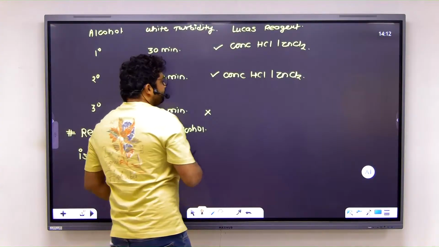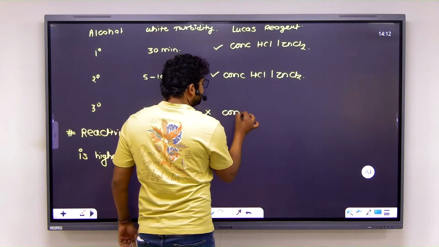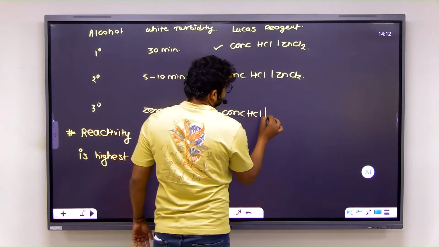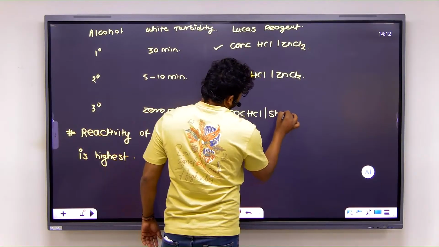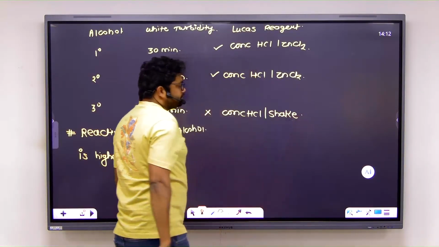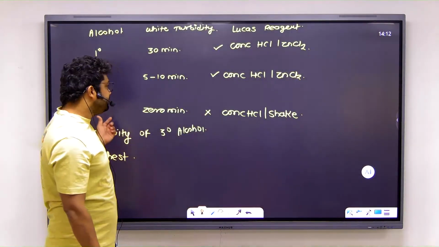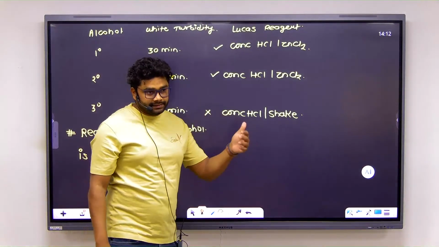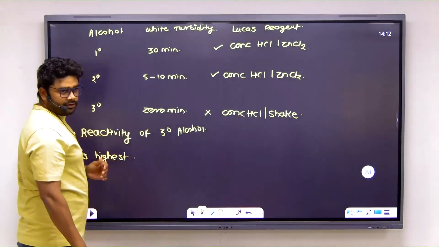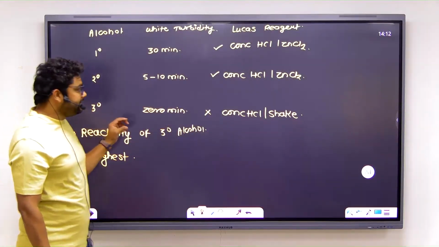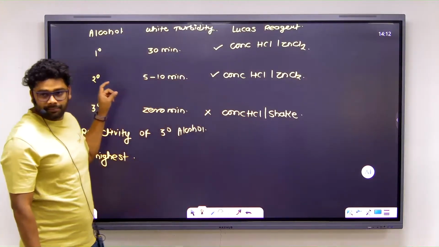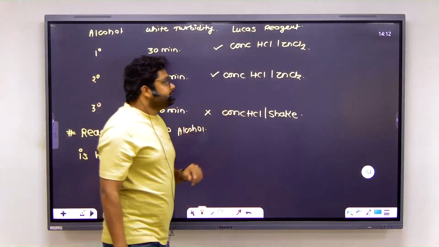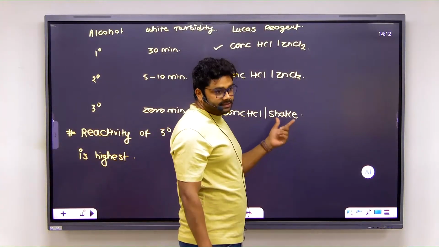But in the case of tertiary alcohol, you just need concentrated HCl and shake this solution with the tertiary alcohol. You will get the chloride of the tertiary alcohol. You just replace the OH by Cl just by shaking.